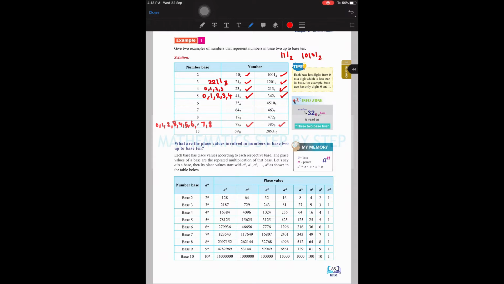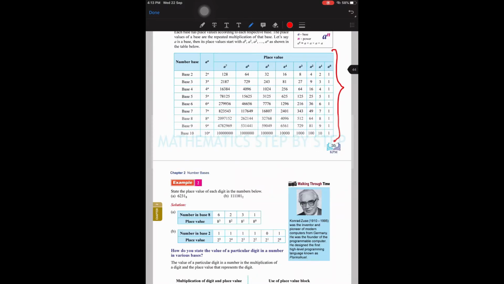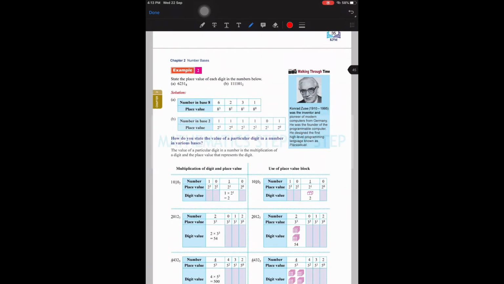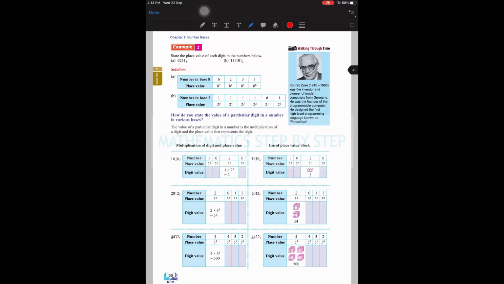So what are the place values involved in numbers in base 2 up to base 10? Regarding this table, I'll proceed to the next example to let you understand better about what they are talking about in the table just now, okay? Let's see this A. 6231 base 8, okay?